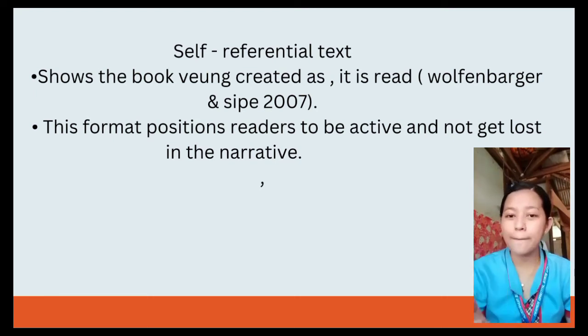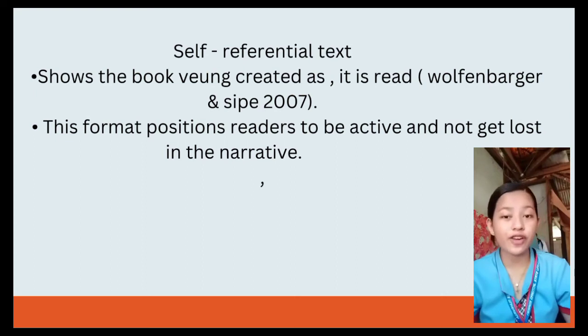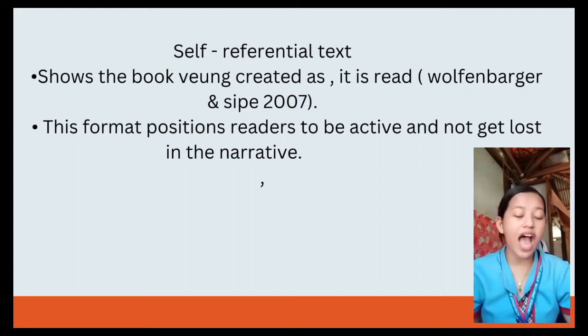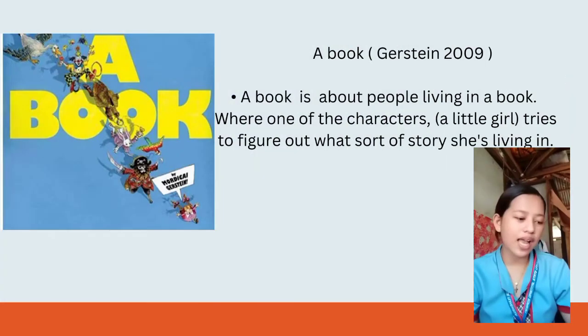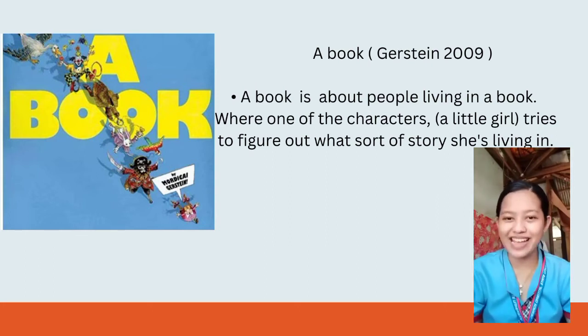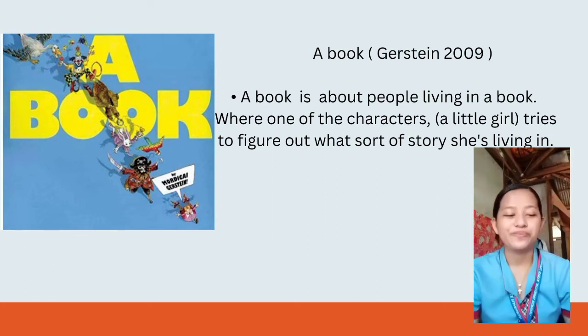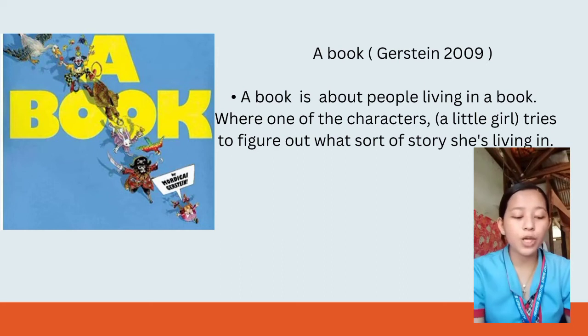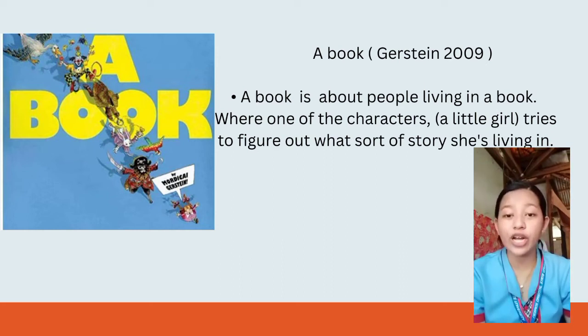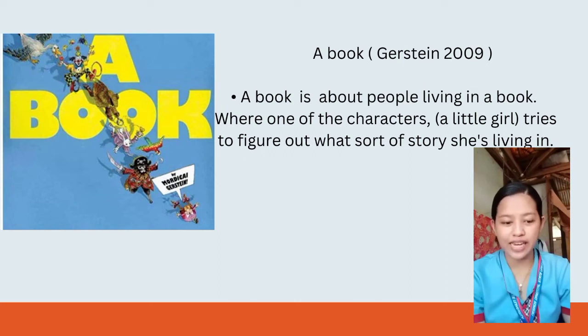An example of self-referential text would be a book entitled A Book by Jersten, 2009. A Book is about people living in a book, where one of the characters, the little girl, tries to figure out what sort of story she's living in.